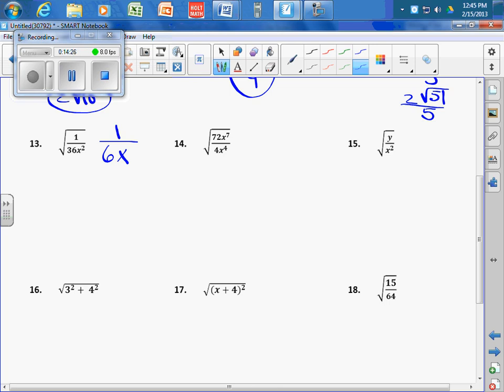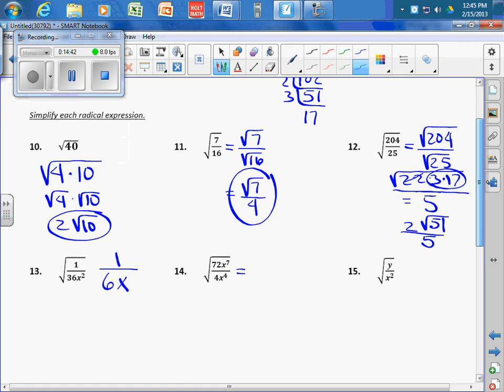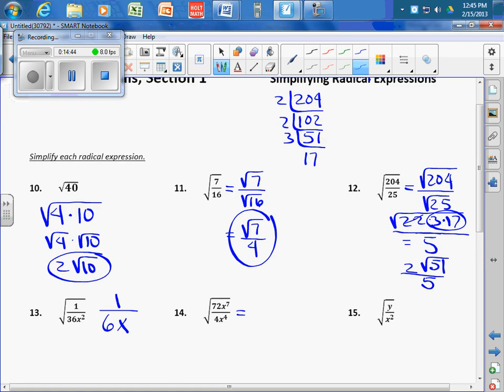In number 14, when I look at a fraction, the first thing that I am going to want to do is to reduce that fraction to lowest terms. And I'm going to do that here. Now, up here, number 11, we can't reduce the 7/16, so I didn't bother there.